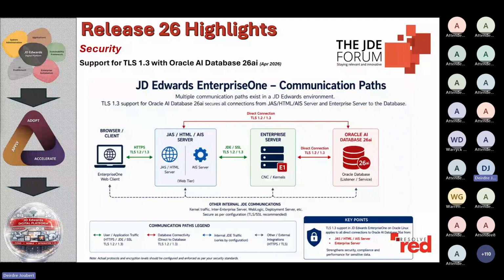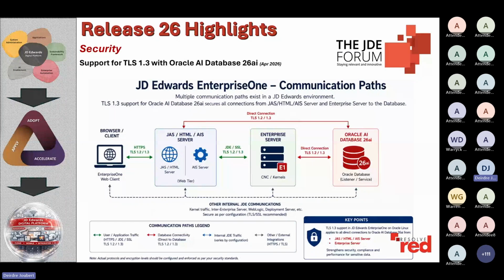This enables us to take advantage of enhanced security and performance features for customer-sensitive data, and the support for the latest encryption standards, which strengthens compliance posture and modern infrastructure for customers. This further secures direct communication paths between JD Edwards application components and the Oracle AI database, helping organizations with modern cybersecurity and regulatory requirements while reducing exposure to legacy encryption protocols.